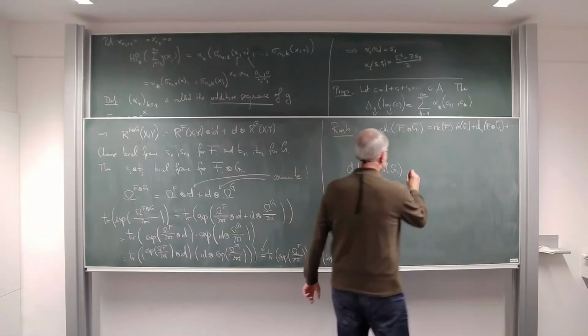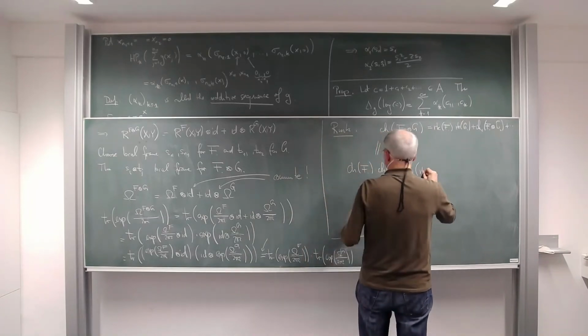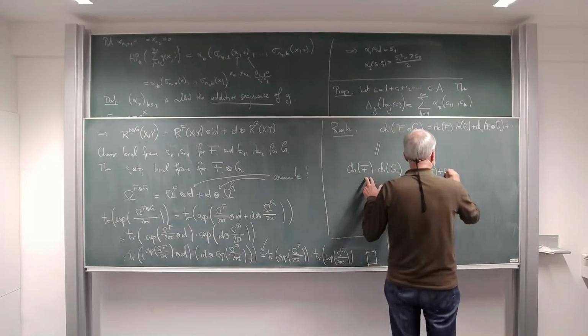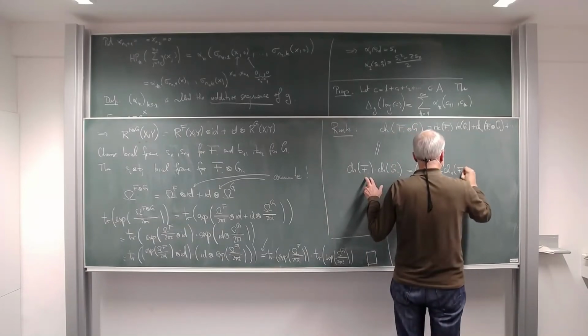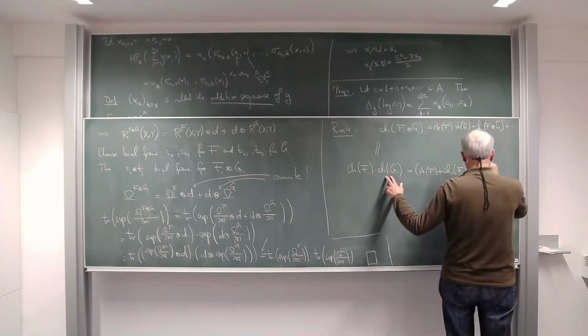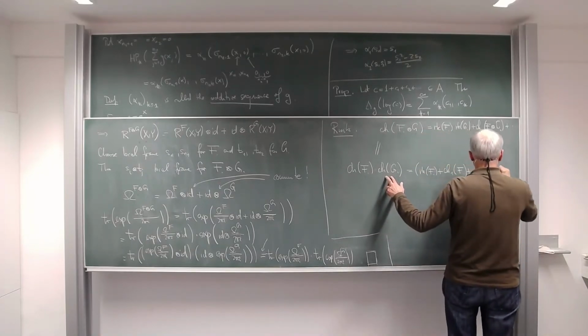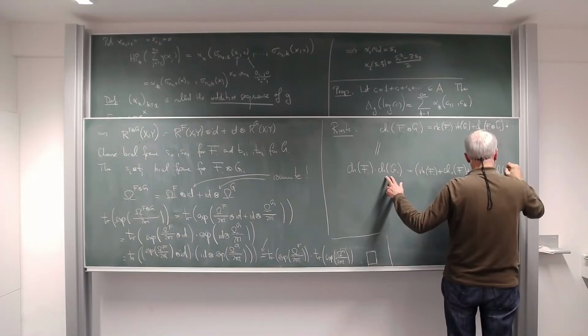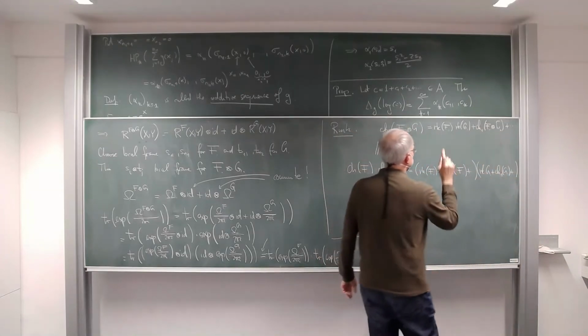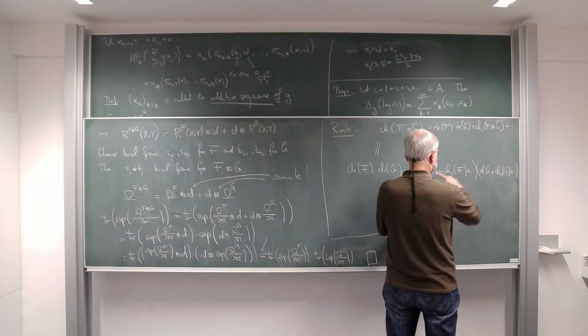And similarly here we have the rank of F plus the first part of the Chern character of F plus higher terms, times the rank of G plus the first part of the Chern character of G plus higher order terms. Let's multiply this out.